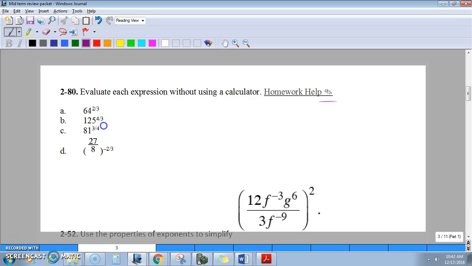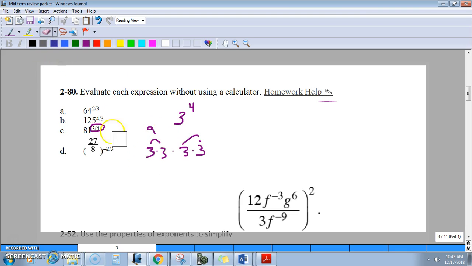81. So here's what I thought about the last one. To the 3/4 power. Is there a way I can make 81 from a number to the 4th power? And I think it's 3 to the 4th power. Is that 81? 3 times 3 times 3 times 3. 3 times 3 is 9. 9 times 9 is 81.